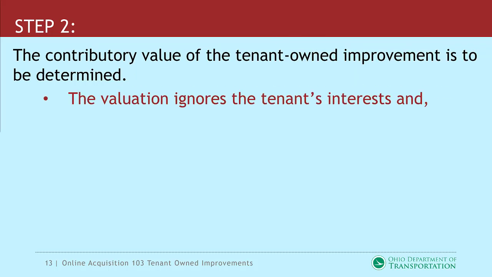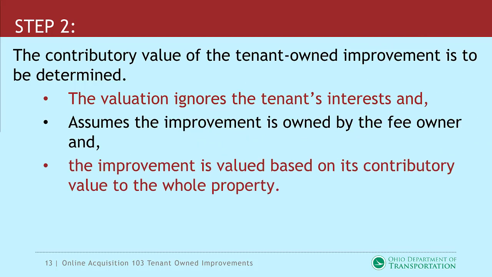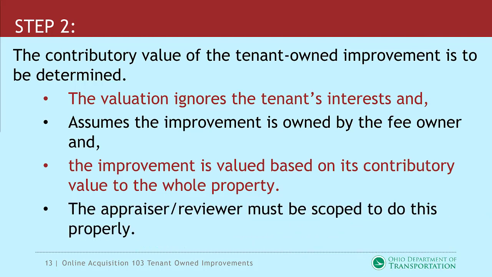So for that to happen, the evaluation ignores the tenant's interests and it's assumed the improvement is owned by the fee owner. The improvement is valued based on its contributory value to the whole property, and the appraiser or the reviewer must be scoped to do this properly.